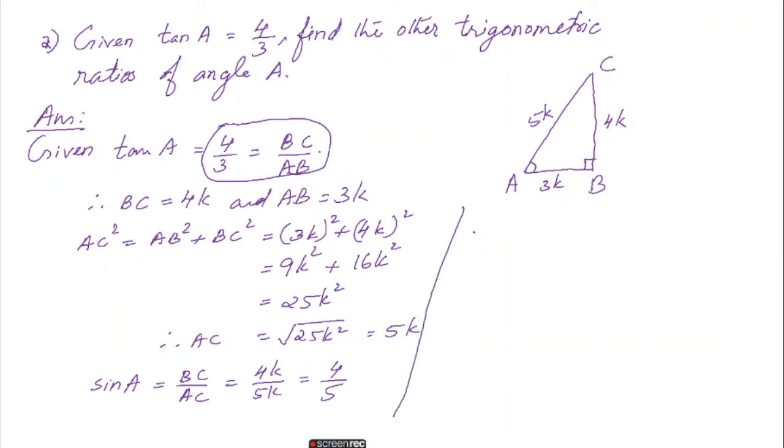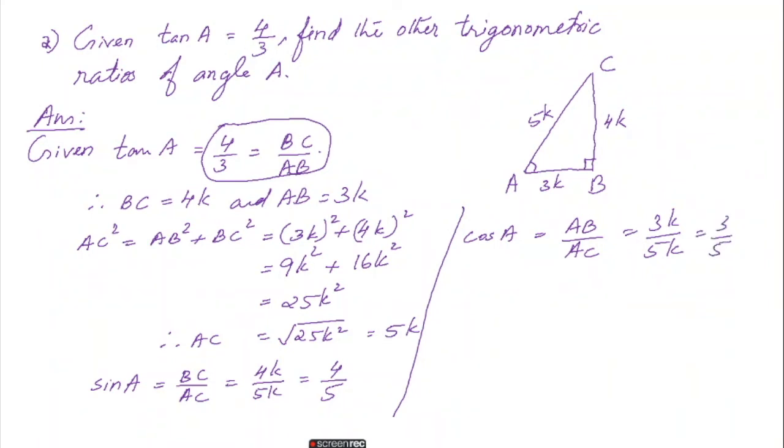So after sin A, let us find cos A. Cos A is equal to, definition of cos A is adjacent side. Which is the adjacent side here? AB divided by hypotenuse AC, that is equal to 3k divided by 5k, that is equal to 3 divided by 5.